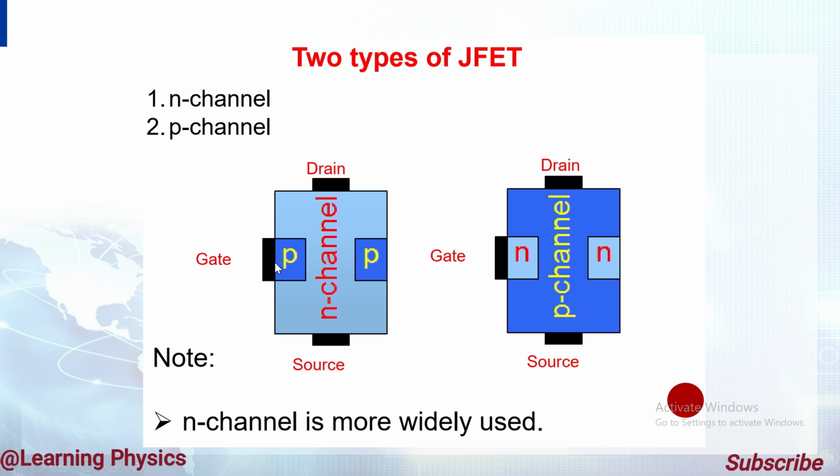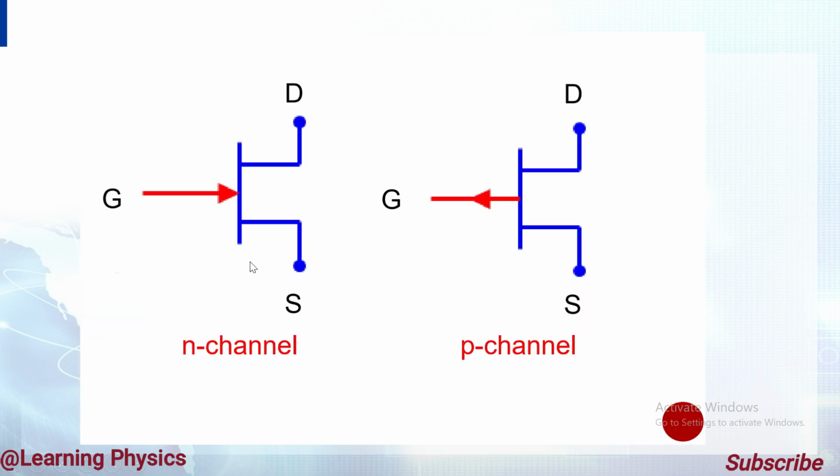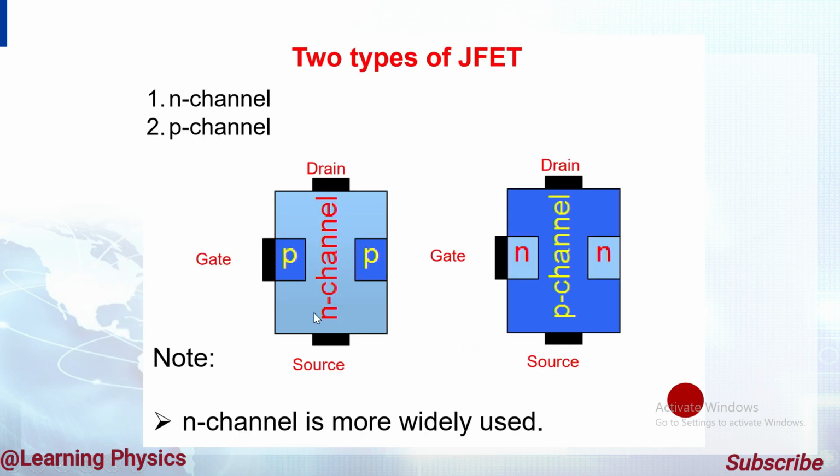If we short this p type material, it acts as a gate. And here is a drain and two terminals, and here is a source. We apply biasing to the source and the gate-source voltage to the gate.